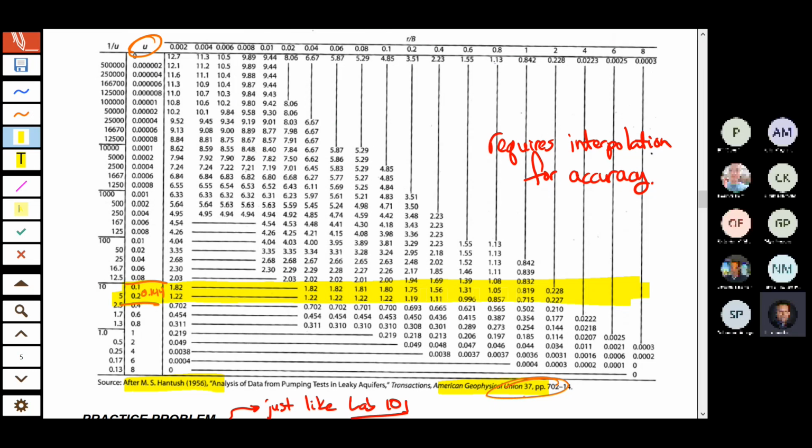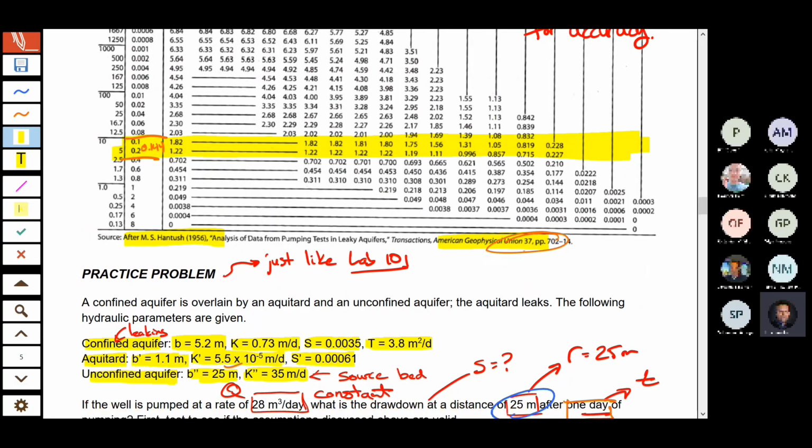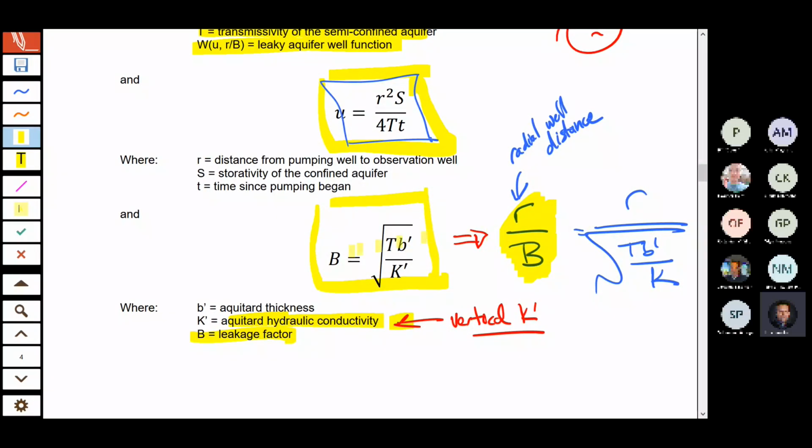But where are we going to be with respect to R over B? Well, we have to calculate that. If you'll remember, I modified the equation ever so slightly by adding our radial distance. I just basically pushed everything to the denominator.